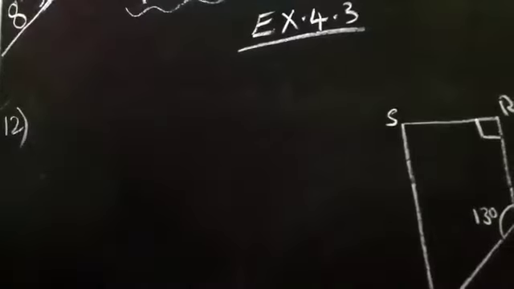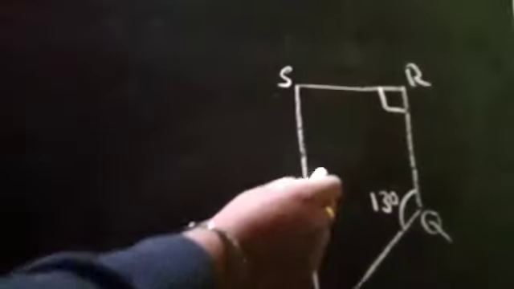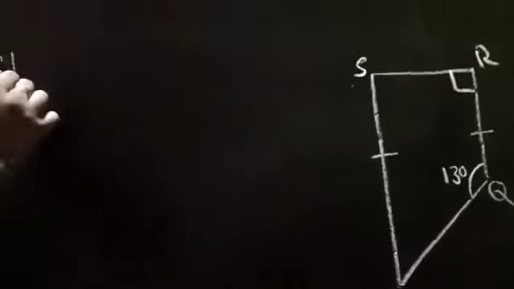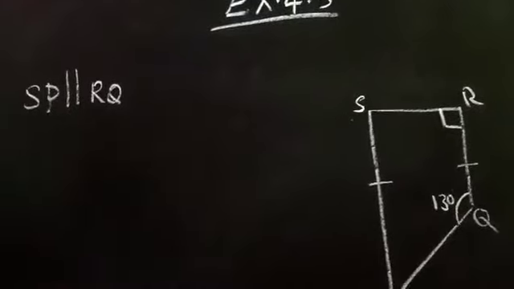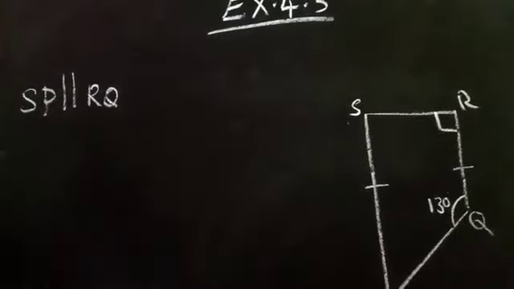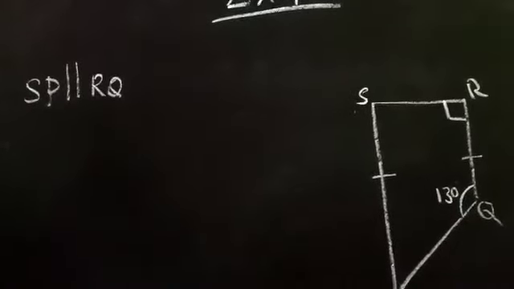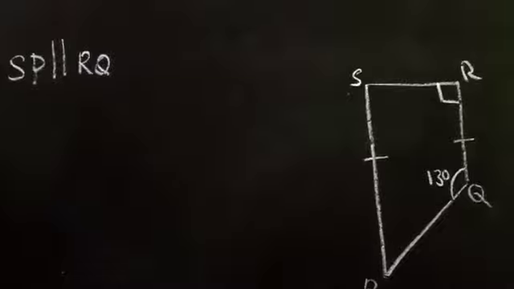The 12th question is, find the measures of P angle and S angle. SP and RQ are parallel sides, they have given. If you find R angle, there is more than one method to find angle P, they have given in the bracket.